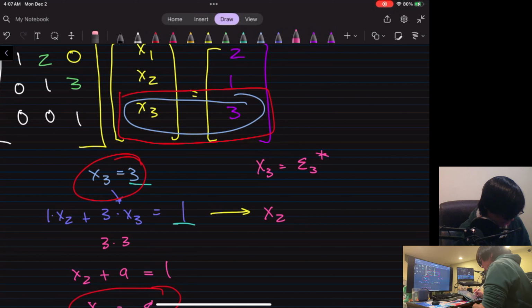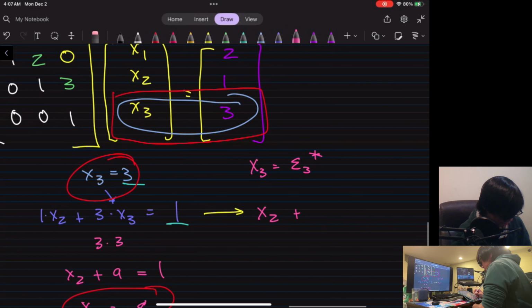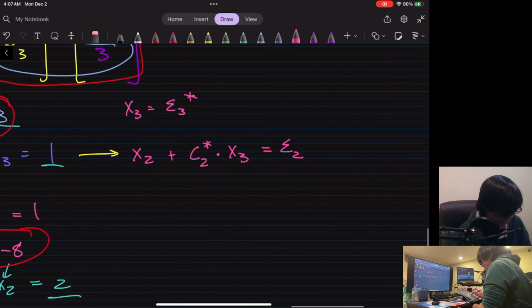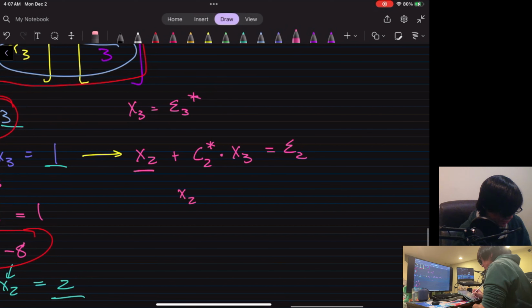It's always 1. Plus a 3, so that's our C star modified. So C star at the current row, x2, multiplied by x3 is equal to epsilon 2. So to isolate for this x2, you would have epsilon 2, of course modified, minus C star 2 times x3, the next iteration of 3.